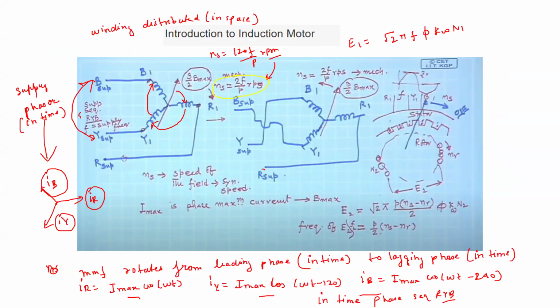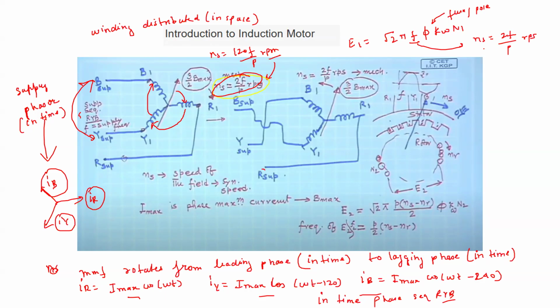This we know very well, that phi is flux per pole, and f is the frequency. Now instead of f, I can write it like this, because ns is 2f by p in RPS.